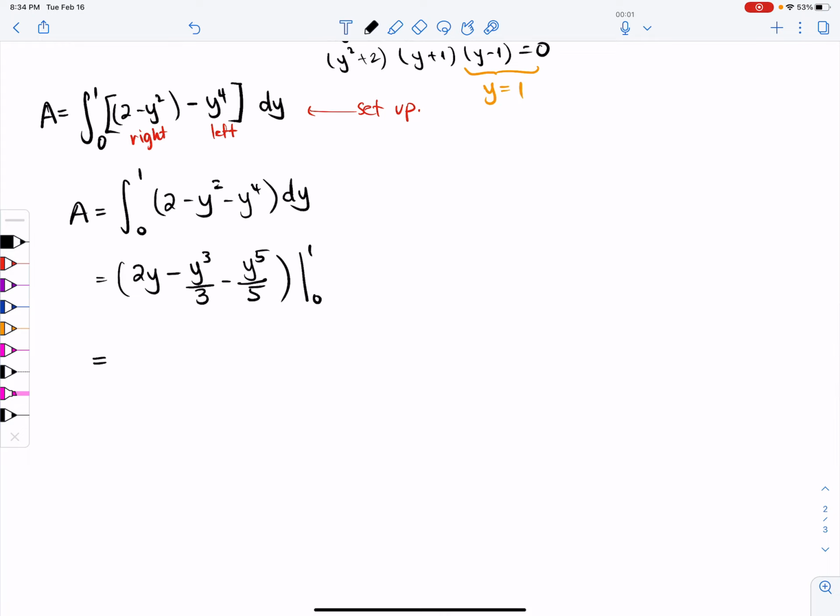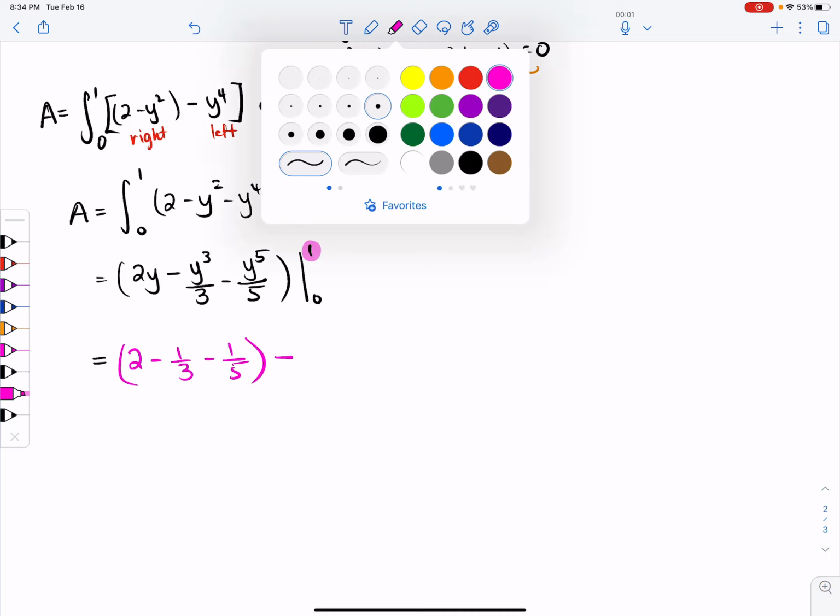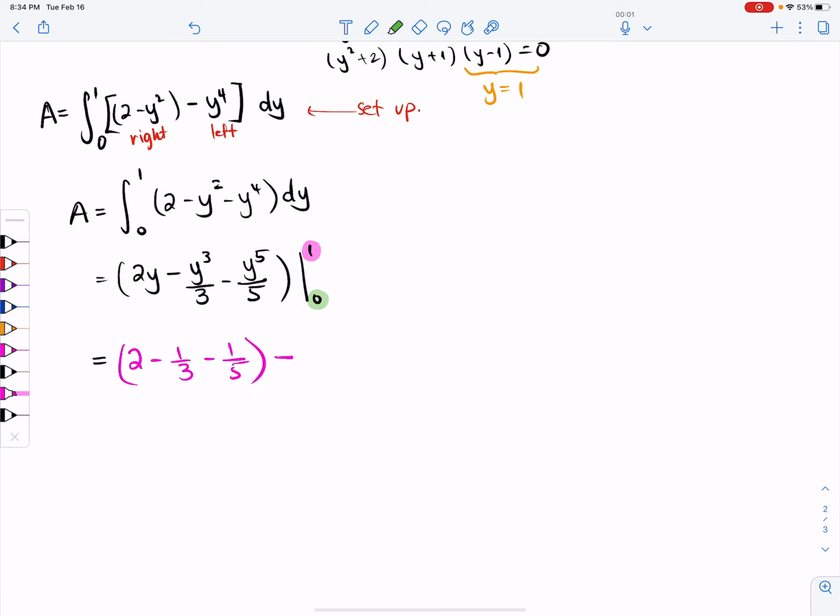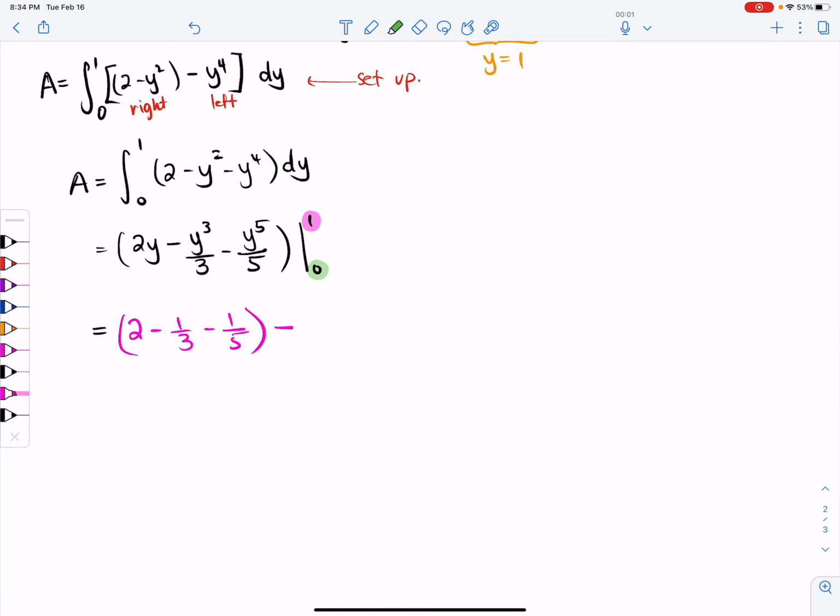Let's do the top one first. We're going to have 2 minus 1/3 minus 1/5, minus the lower limit. And when you evaluate at 0, that just gives you 0.